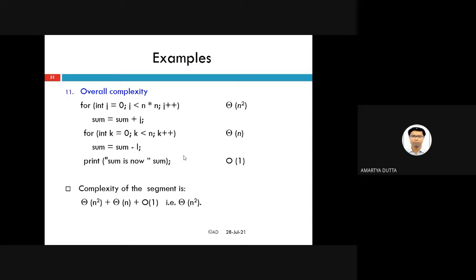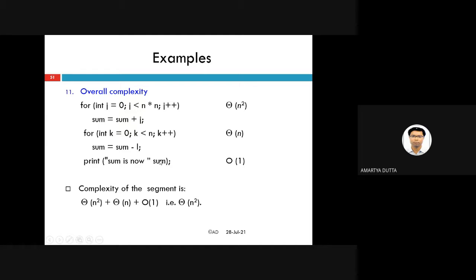Okay. So suppose your algorithm contains these lines. For i is equal to 0, i less than n into n, i plus plus, sum is equal to sum plus i. Then k is equal to 0, k less than n, k plus plus, sum is equal to sum minus k, and print sum.